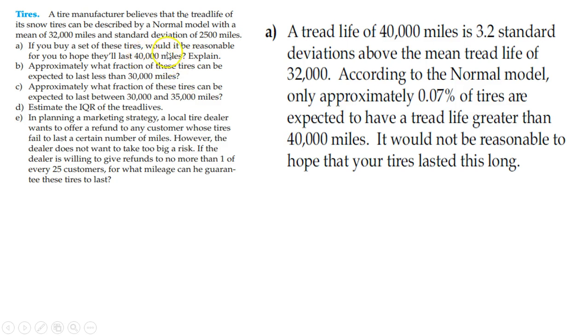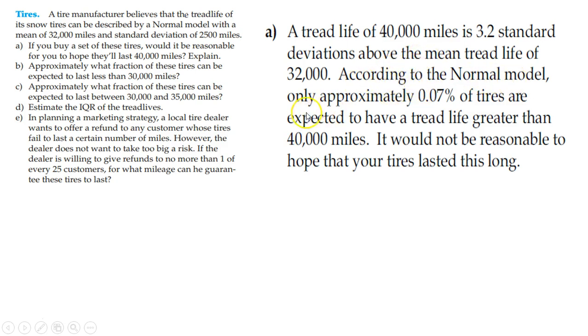But we could just technically plug it in, because I could just do 40,000 minus the 32,000 divided by the 2,500, and I get the 3.2. They're talking about just finding the z-score anyway on my own, because the z-score is technically the standard deviations.